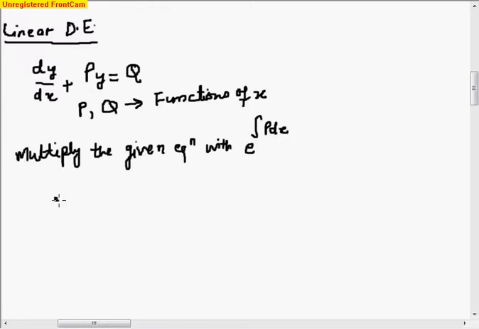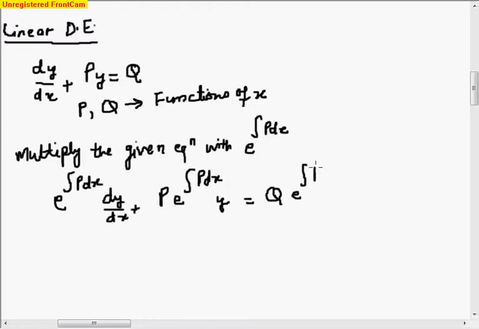You will get e raised to power integral p dx times dy by dx plus p times e raised to power integral p dx times y is equal to q times e raised to power integral p dx. Now can you tell me what is this thing?